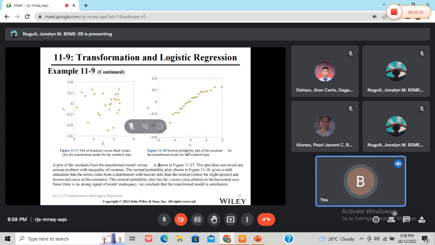The normal probability plot shown in figure 11-18 gives a mild indication that the errors come from a distribution with heavier tails than the normal. Notice the slight upward and then downward curve at the extremes. This normal probability plot has the z-score value plotted on the horizontal axis. Since there is no strong signal of model inadequacy, we conclude that the transformed model is satisfactory.